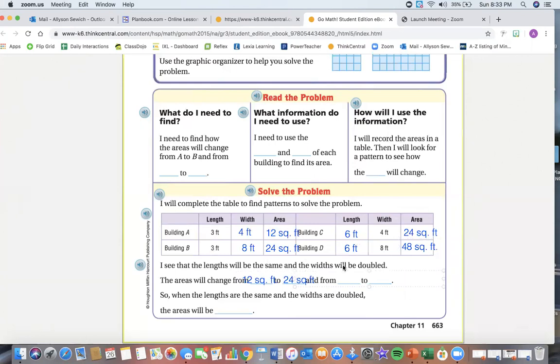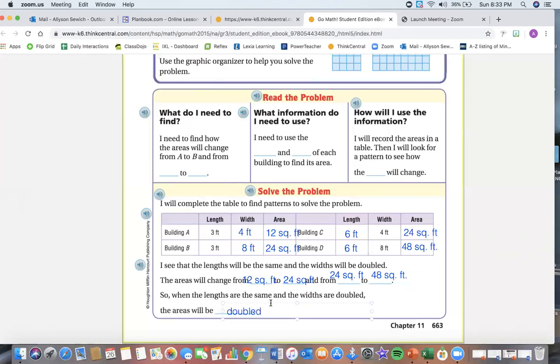I'm sorry, that's harder to see. And then from 24 square feet to 48 square feet. I'll go move it up here, that might help. So when the lengths are the same and the widths are doubled, then I know that the areas are going to be doubled.